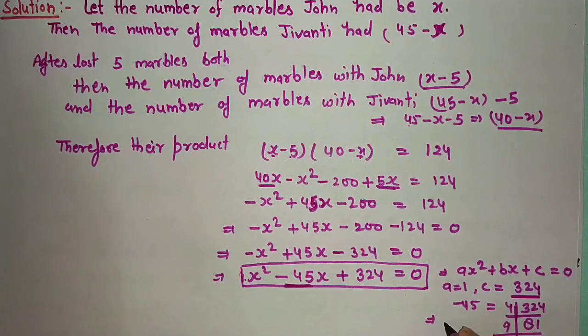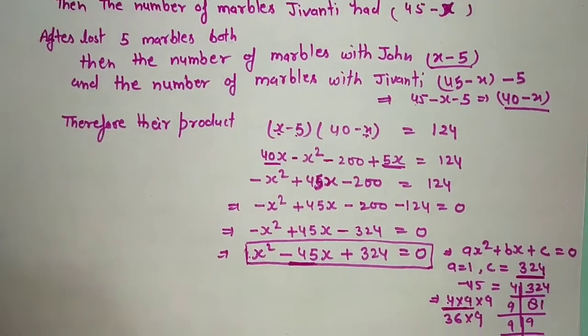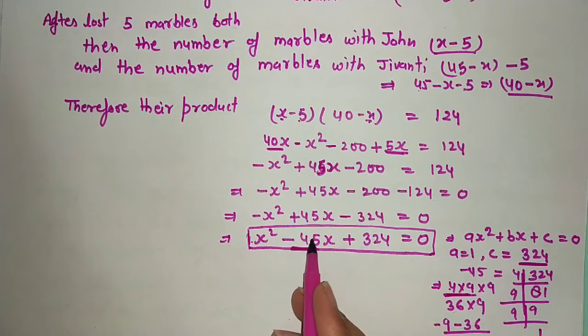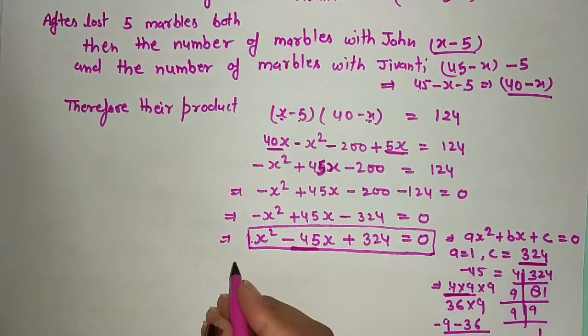Therefore the factors of 324 are 4 multiply 9 multiply 9, and 4 nines are 36, so 36 multiply 9 is 324. 36 multiply 9 becomes 324, and minus 9 minus 36 becomes minus 45. Therefore we factor minus 45 as minus 9 and minus 36.